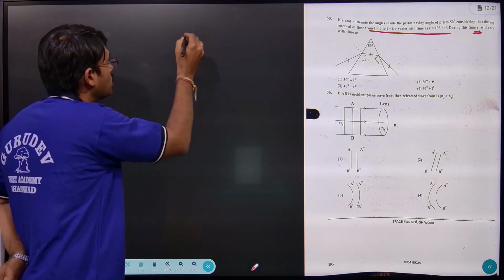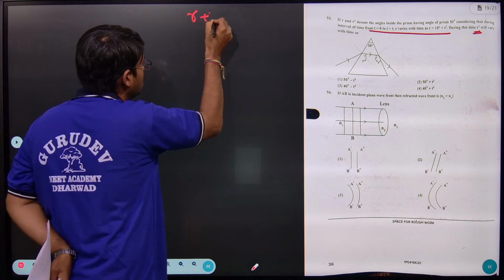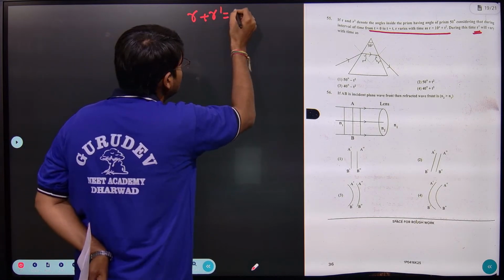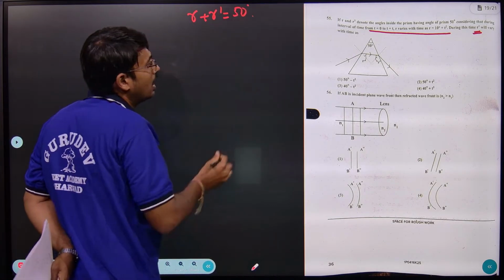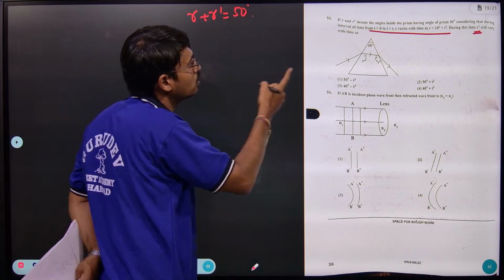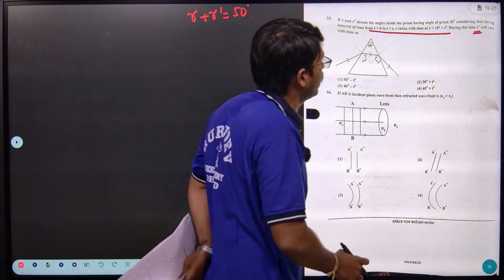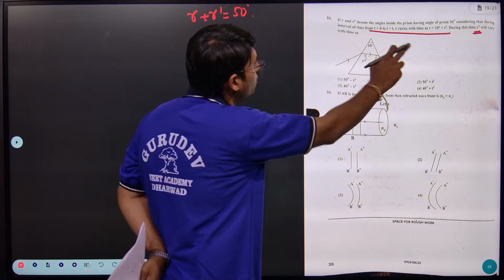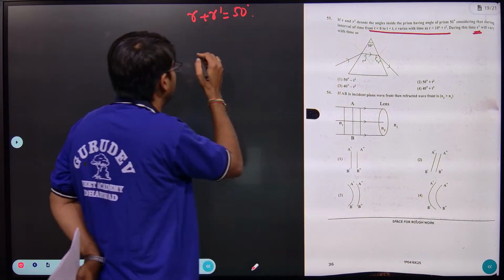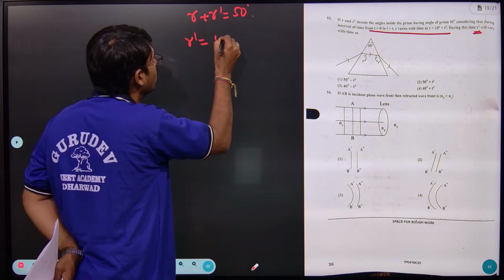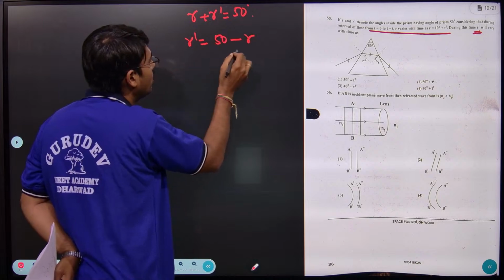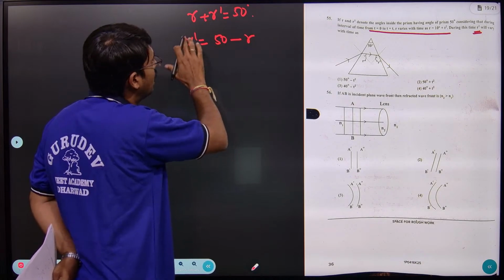The equation we have is r plus r dash equals A, that is 50. We are given the equation r equals 10 degrees plus t squared, and we must find how r dash will vary. Therefore r dash becomes 50 minus r, and we have to look at how r dash varies with time.